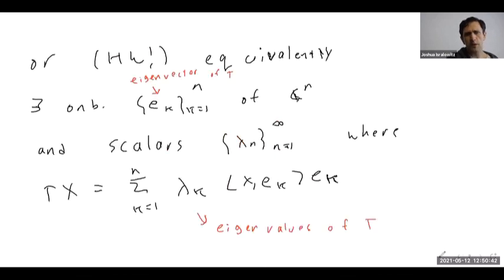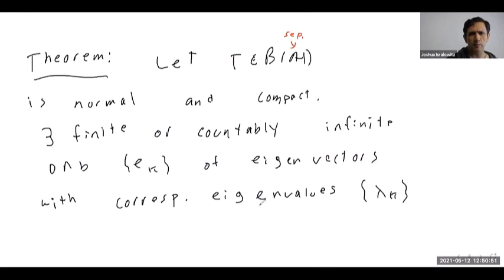So this is what we need to prove. We need to prove that there exists an orthonormal basis for my Hilbert space of eigenvectors with corresponding eigenvalues lambda k.